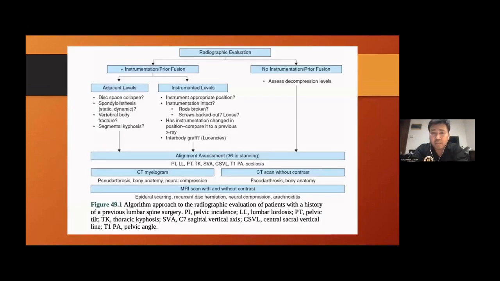This is the radiology evaluation. The big picture is we can define the first surgery as with prior fusion or no instrumentation, or with instrumentation, because it will make us take another surgical option.